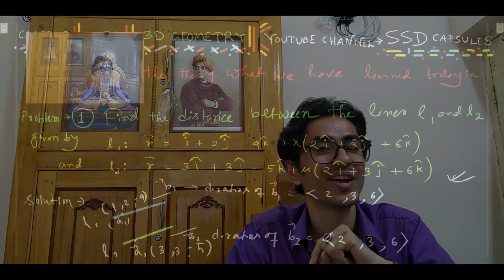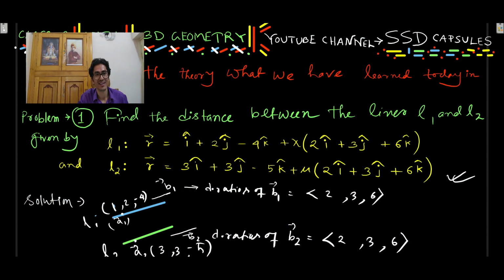Actually they are the same vector, B vector, which is 2i cap plus 3j cap plus 6k cap.